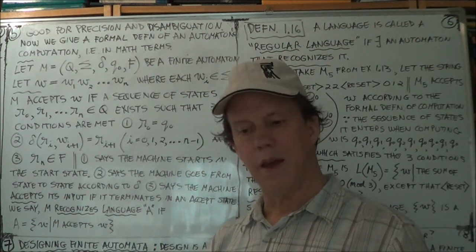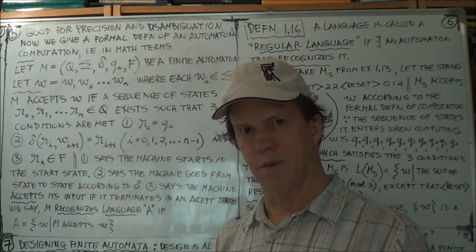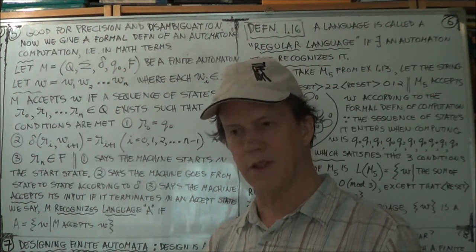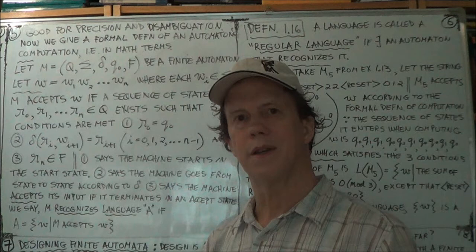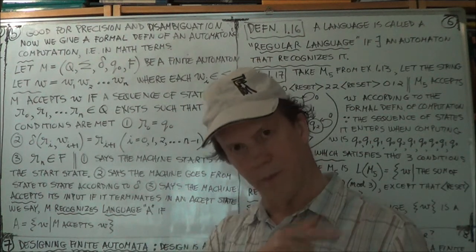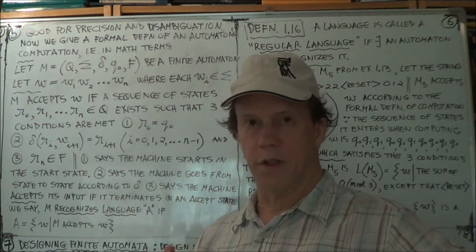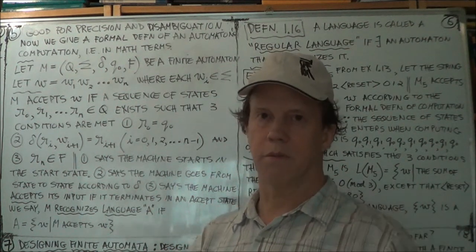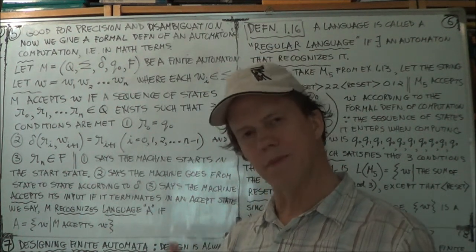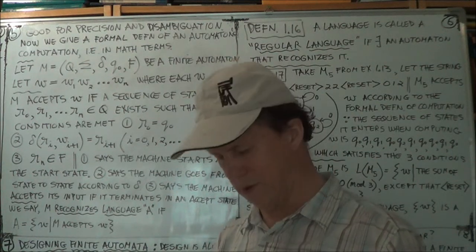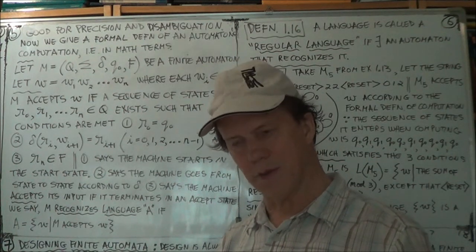And if the final state is not one of capital F, if it's not one of the accept states, then the automaton will output the decision reject. In other words, not accept. Now you're sort of used to that. We've been doing that a few times. So that's the essence of what's going on.